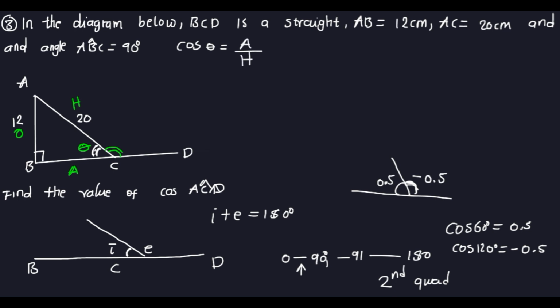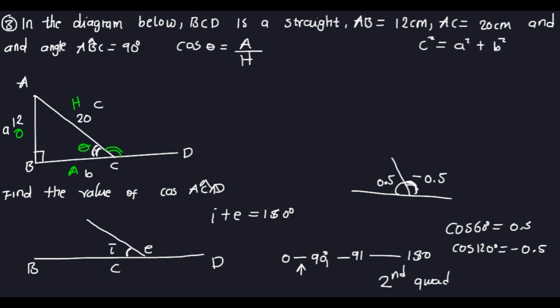So we can see that we need this adjacent distance BC. Now since we have the two distances, we are going to apply the Pythagoras theorem, where we have A, B, C, and the formula C squared is equal to A squared plus B squared.